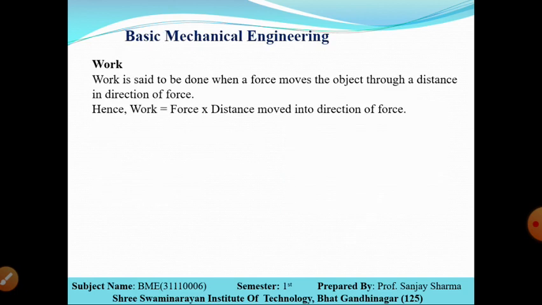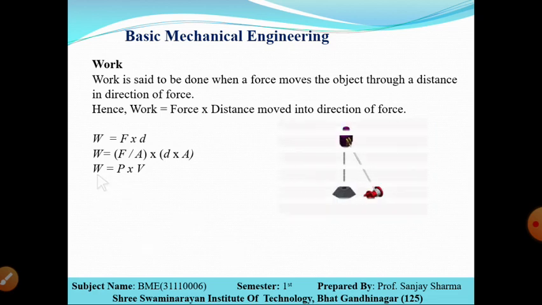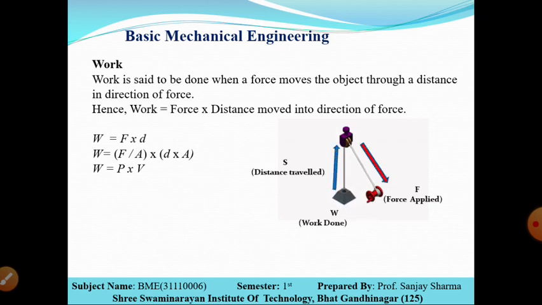What is work? Work is said to be done when a force moves an object through a distance in the direction of the force. It is also termed as force into distance. Here you can see the animated view of that. When force is applied, work is done; the distance traveled by this load gives the total work done.